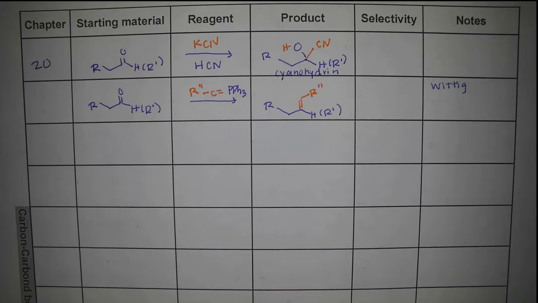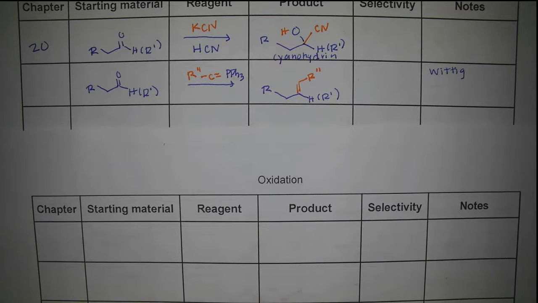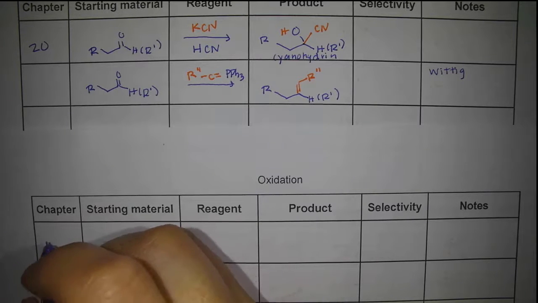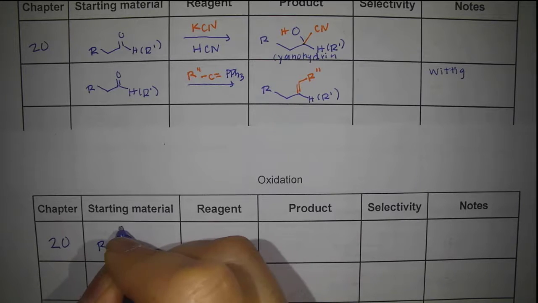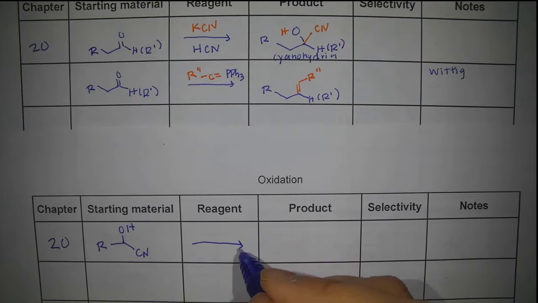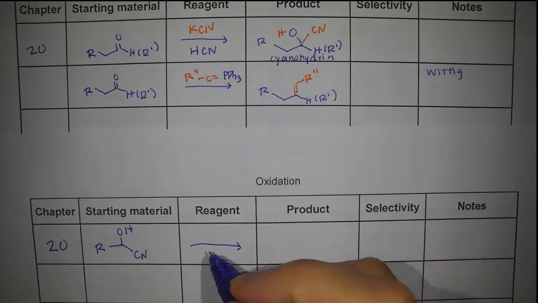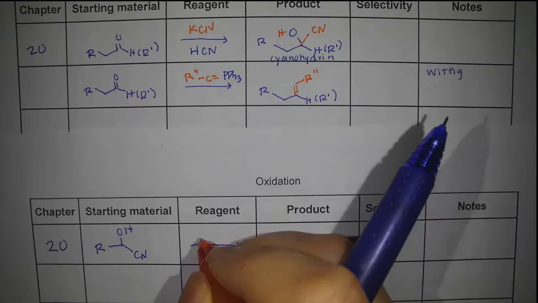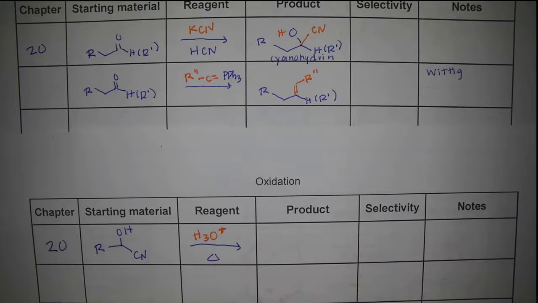Alright, the next reactions will be on the oxidation page. This is page 18 in my book. So this is that cyanohydrin that you just made up here with the potassium nitrile. If you add this reaction under heated conditions with acid and water, a lot of times you'll see H3O plus written as acid and water.